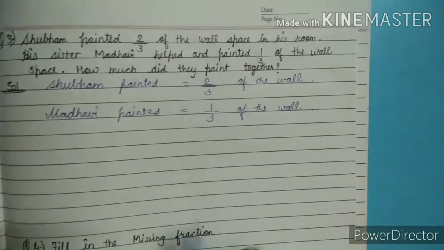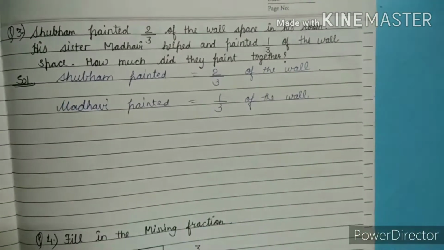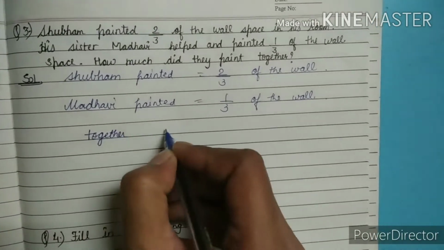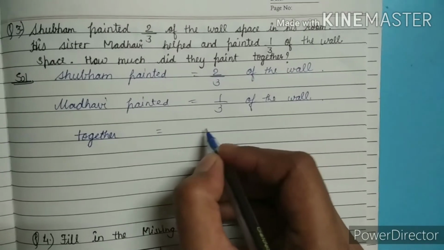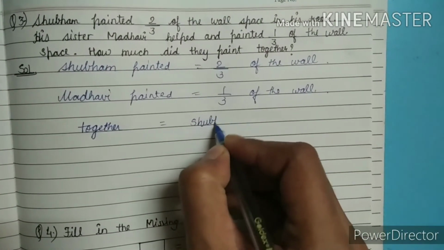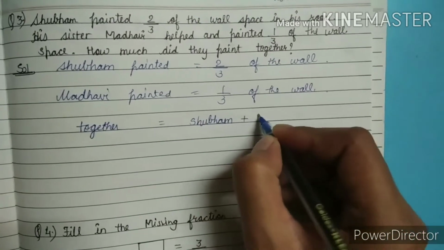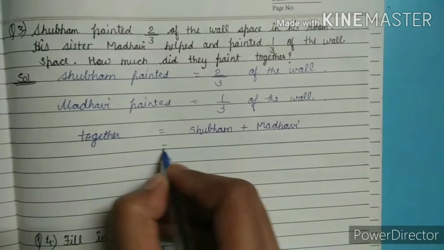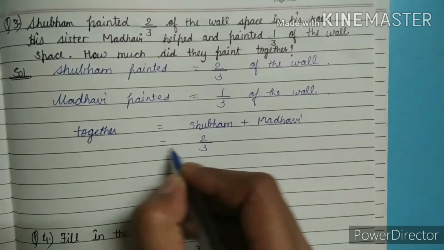So we have to find how much did they paint together. Together means if they both are working together. So it means Shubham painted 2 by 3. So here Shubham plus Madhvi. So Shubham's fraction is 2 by 3. It will come as it is.